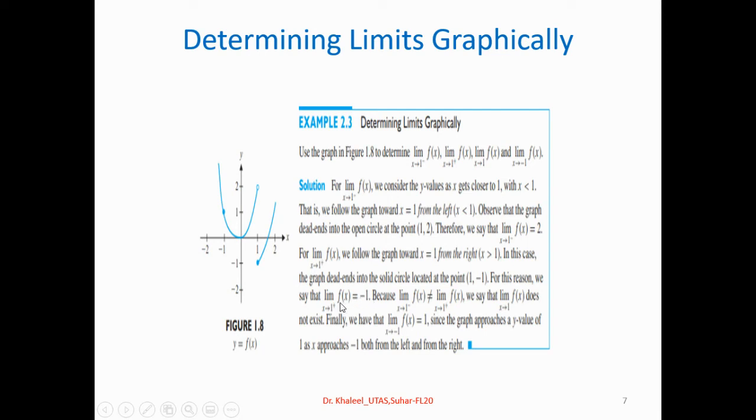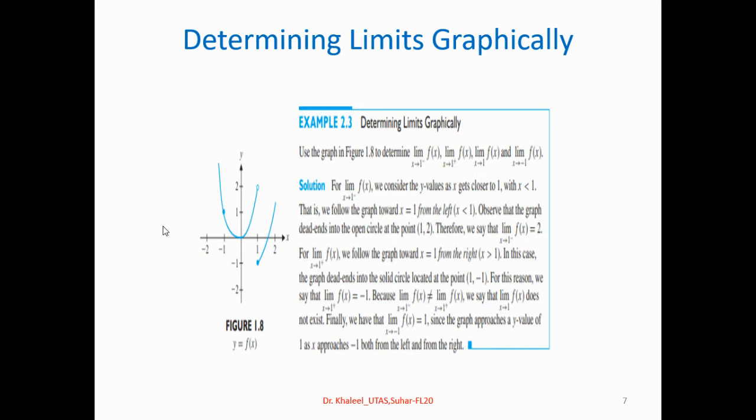So what is the limit value? -1. What is the actual value, that is, the value of f(x) when x is equal to 1? It is -1, because it is a filled circle. So in the first case, the limit exists but the value of the function doesn't exist. In the second case, the limit exists and the value of the function also exists.